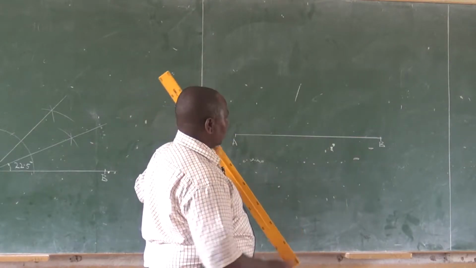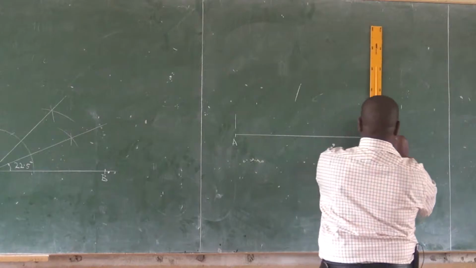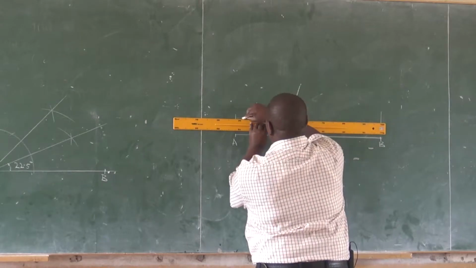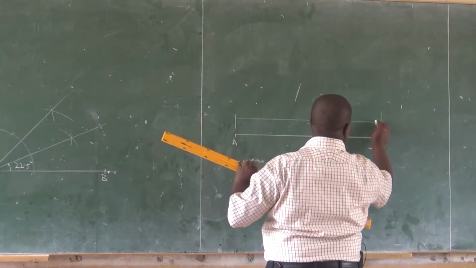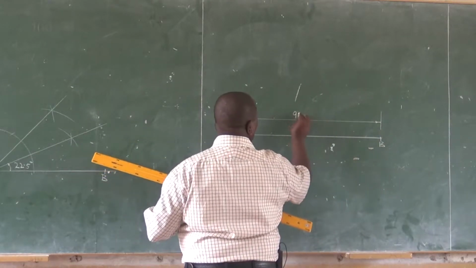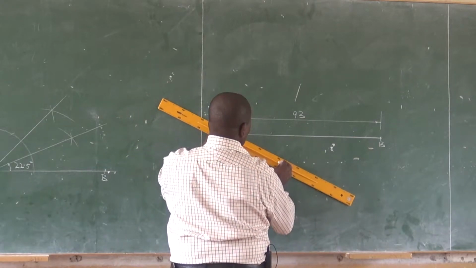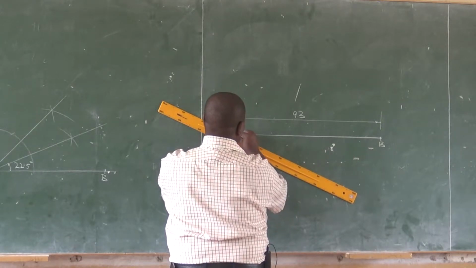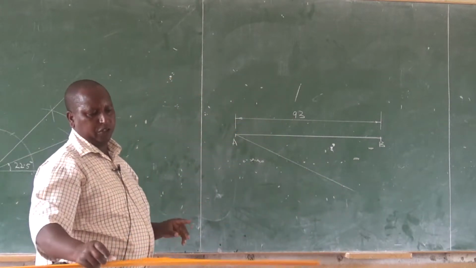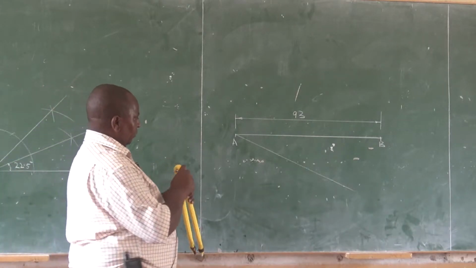In this case, we can give our line a length that is odd, say 93, then draw another line from the start of point A, and that angle should not be so acute.